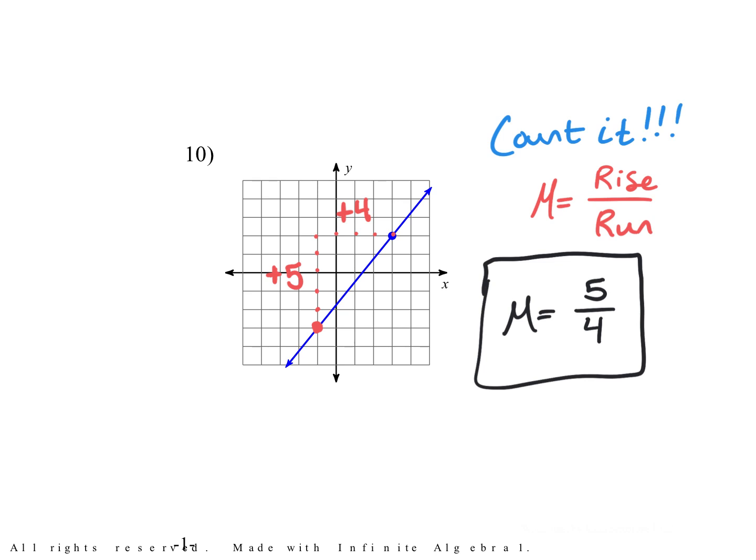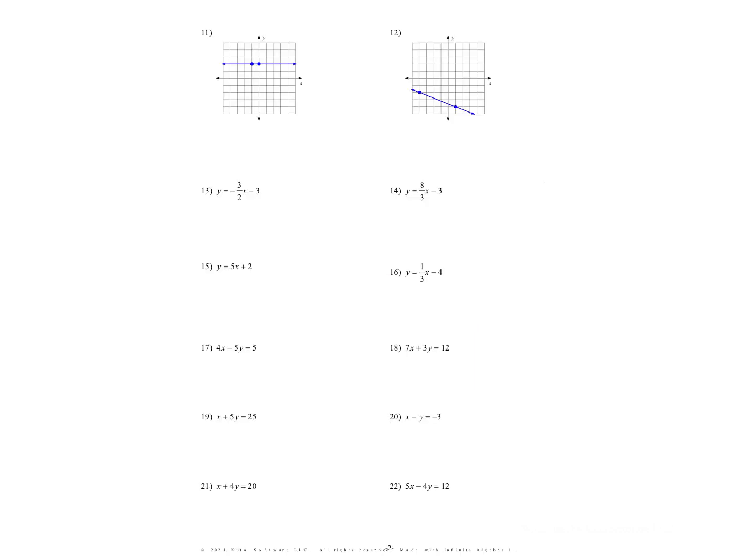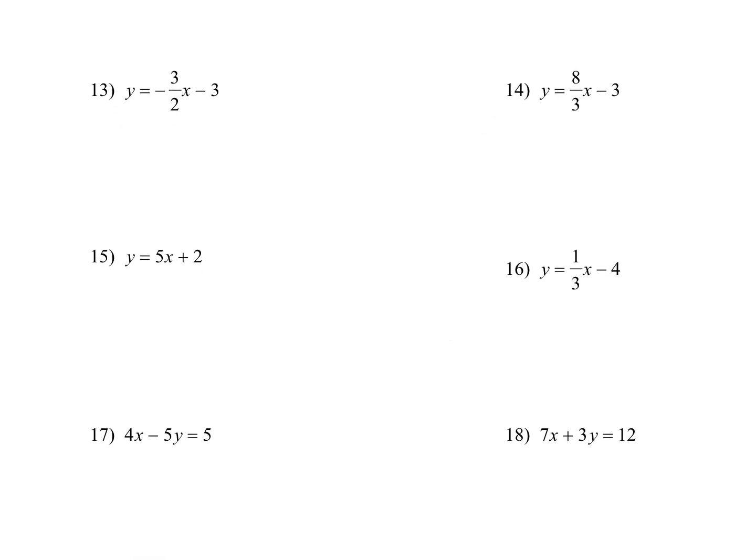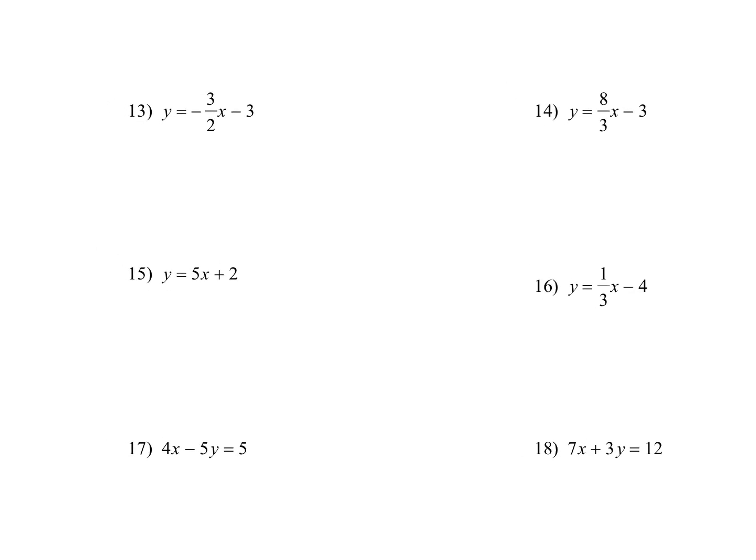All right. 2 more types of problems to look at, okay? And they are both based off of when you are given the equation of a line. Okay? So the first type is when you are given the equation in slope-intercept form. Okay? When you are given the equation in slope-intercept form, you need to remember that is y is equal to mx plus b.